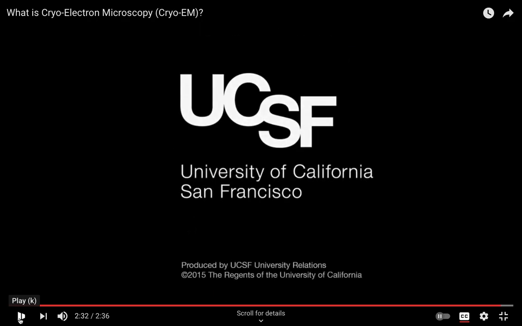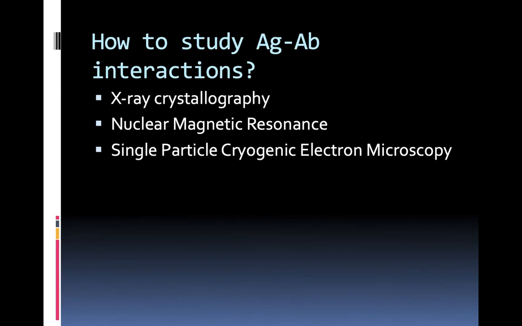Okay. All right, so that showed us a very concise explanation of how cryogenic electron microscopy works. For all these three techniques, we see how they are heavily involved in determining the structure of the analyte, either the antigen or the antibody.